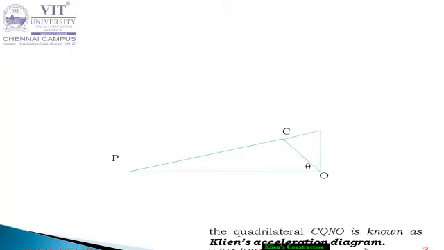To obtain Klein's velocity diagram, you have to extend the connecting rod up to M. You can have a triangle OCM. So we just have to extend this and draw this. Okay, so you can get a triangle OCM.